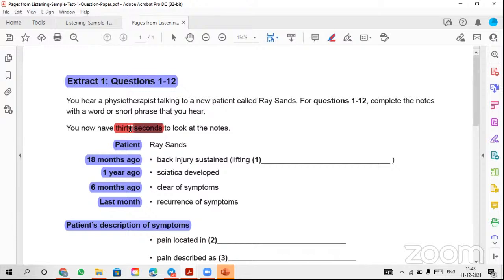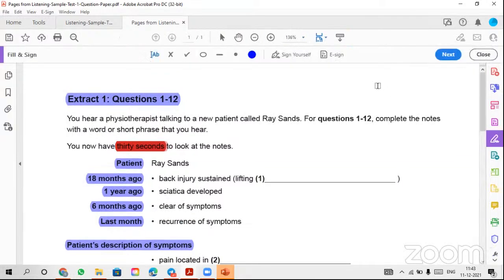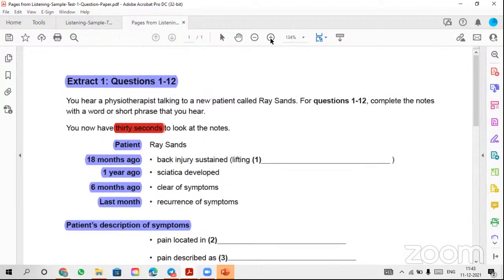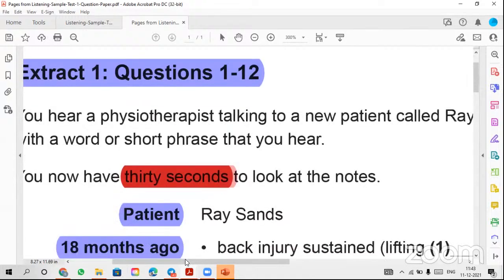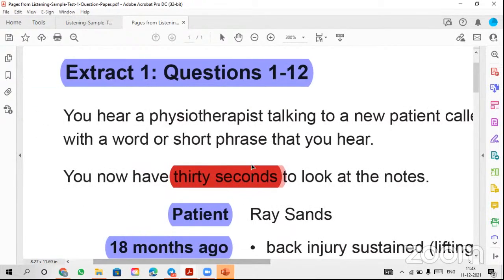Now, this 30 seconds is very, very important. Mind you. What are you going to do with 30 seconds?